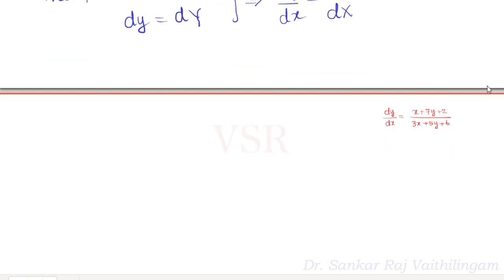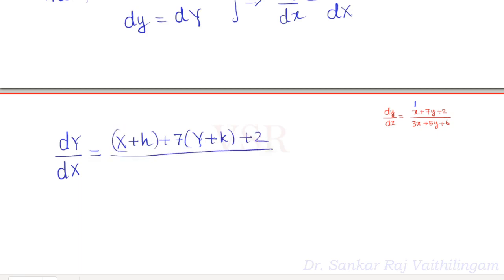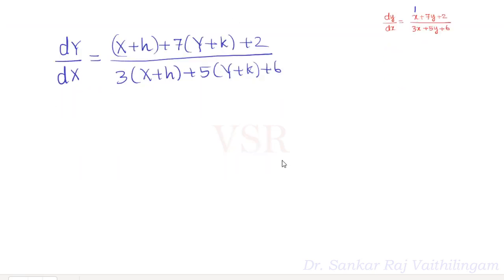I am going to substitute this. When we substitute, this implies that d capital Y by d capital X is equal to, in place of small x, x plus h, plus 7 times y plus k, plus 2 in bracket, divided by 3 times x plus h plus 5 times y plus k plus 6. Okay, hence solving it from here is easy.